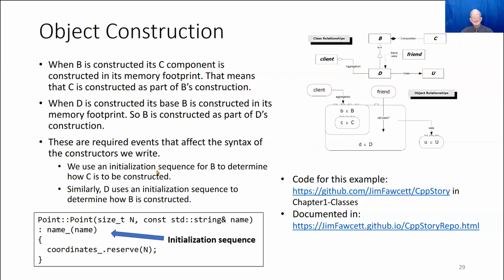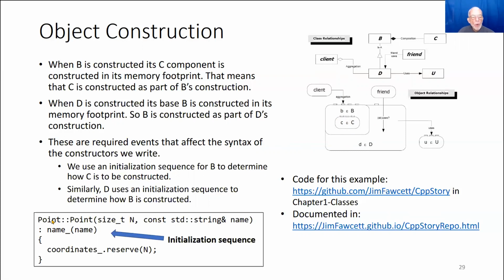We often use initialization sequences. So B can use an initialization sequence to specify which of the C constructors it wants to call, and D can use an initialization sequence to specify which of B's constructors it wants to call. An initialization sequence looks something like this.